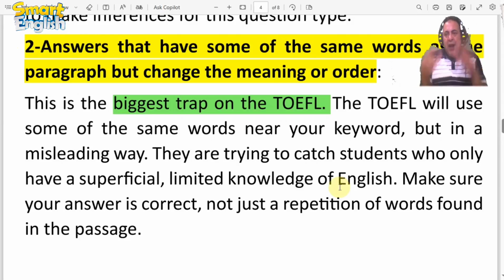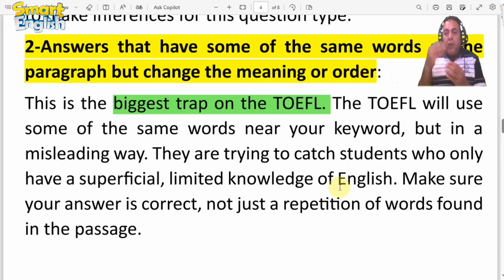If you find that the words in the choice belong to the paragraph near the keywords, you may think this is the right answer. No, it is not the right way. Don't choose this, because you have to focus more and see whether it has the same meaning or not. Do not focus only on the words and vocabulary. It is not the right way to choose in the reading iBT TOEFL test.